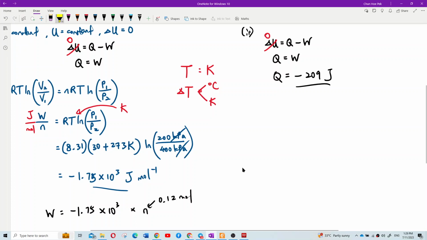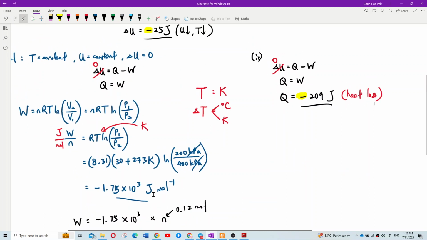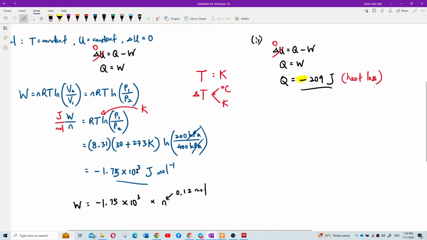What is meant by negative Q? Heat loss to surrounding. This is actually compression. You know that? Work done negative means compression. Compression means you supply energy into the gas, but we must not let the energy enter and increase the internal energy.